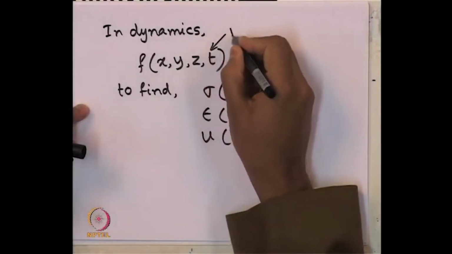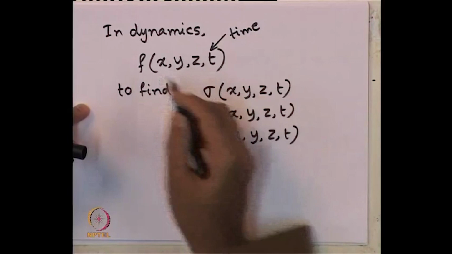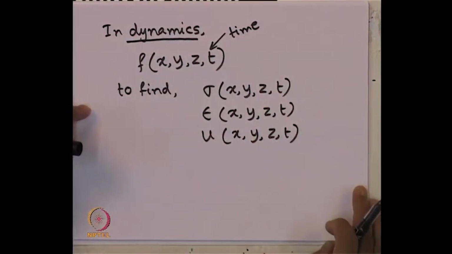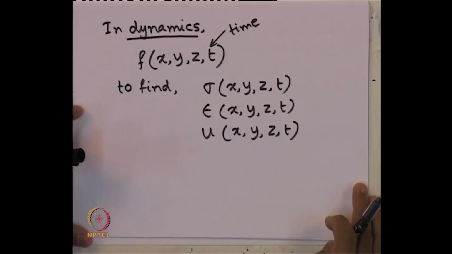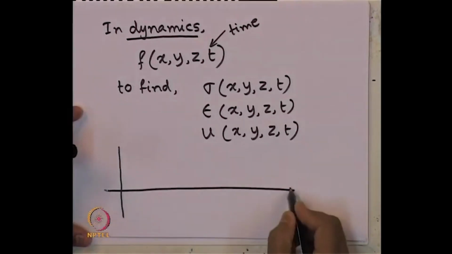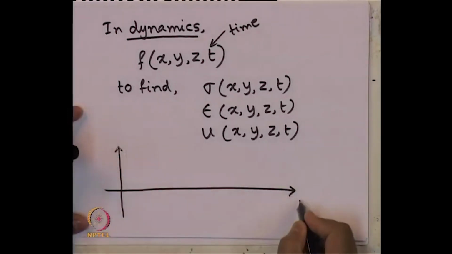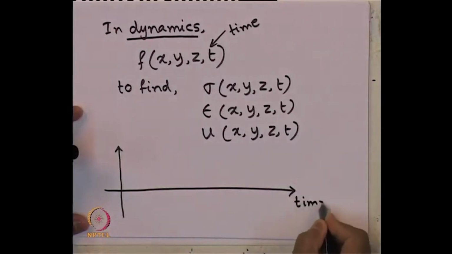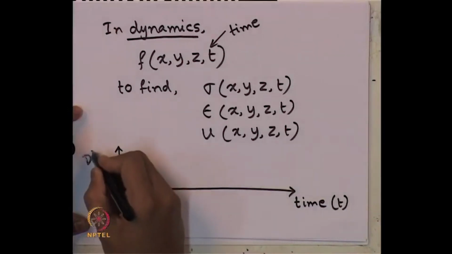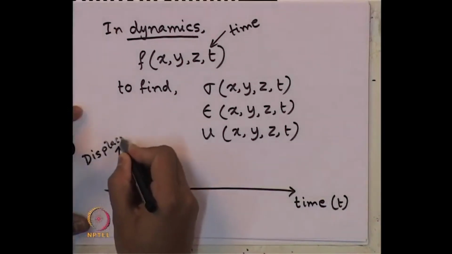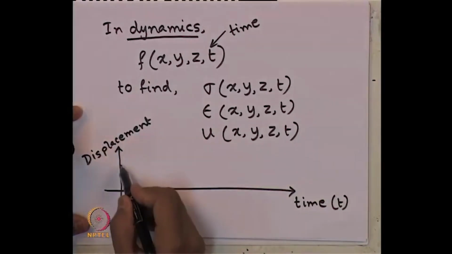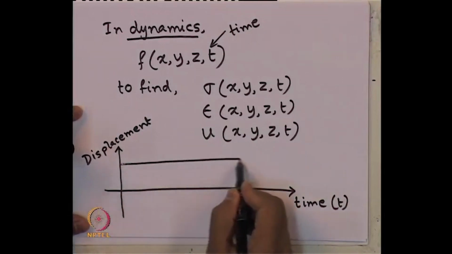So, this additional factor of time is required to deal with problems in dynamics when we are comparing the similar problem in statics. Suppose we want to plot the behavior of, say, displacement with respect to variation of time. In the case of a static problem it will remain constant.